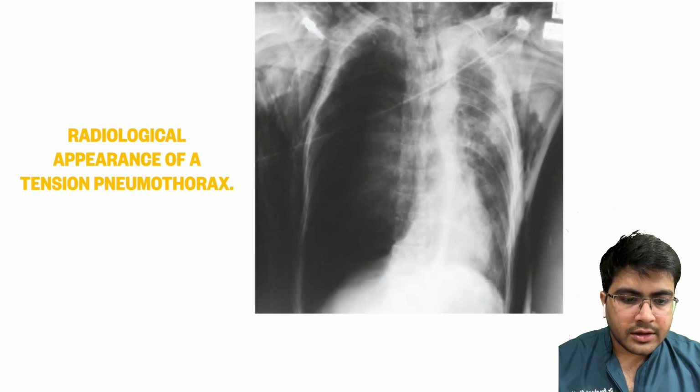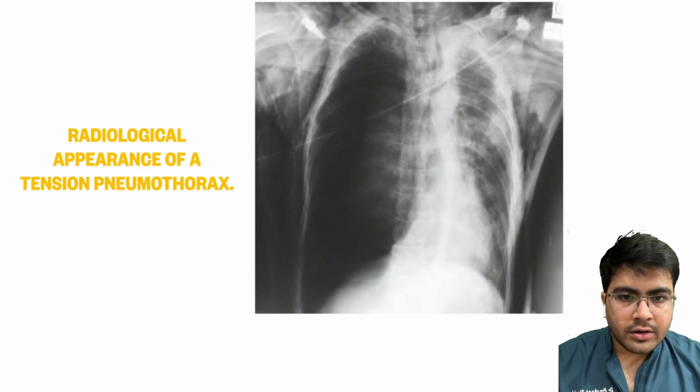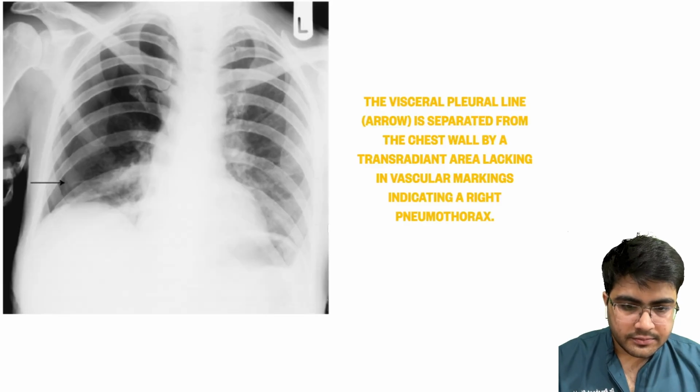In this you can see the whole of the right pleural field is lucent, and there are no vascular or pleural markings. So this is classical of tension pneumothorax.